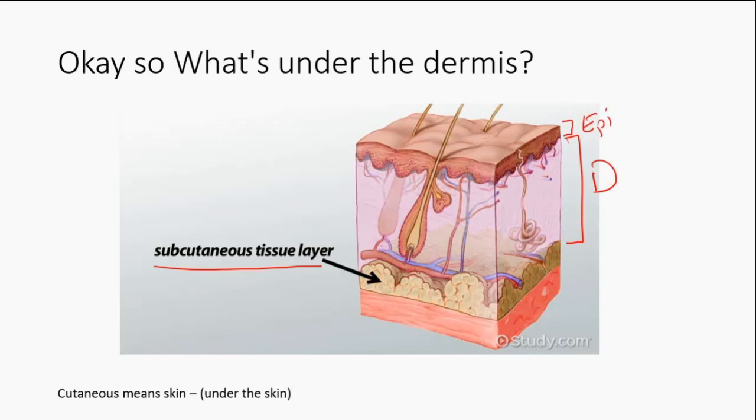Underneath the dermis, you have what we call your subcutaneous layer. The good thing about medicine is that oftentimes things do make sense. Sub means below, and cutaneous means skin. So underneath the skin, you have a subcutaneous tissue layer.